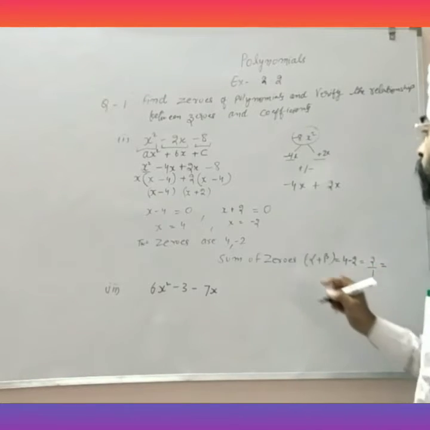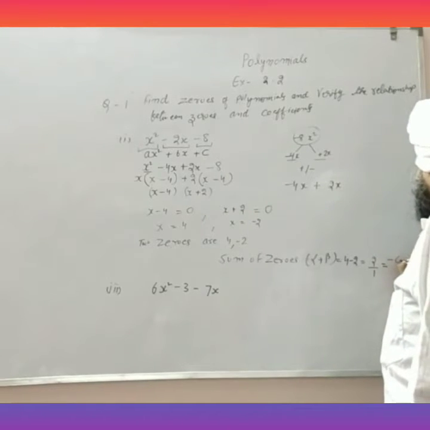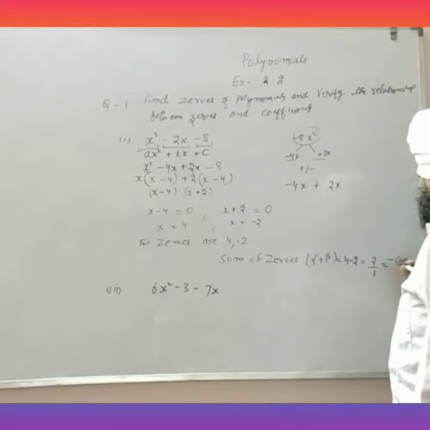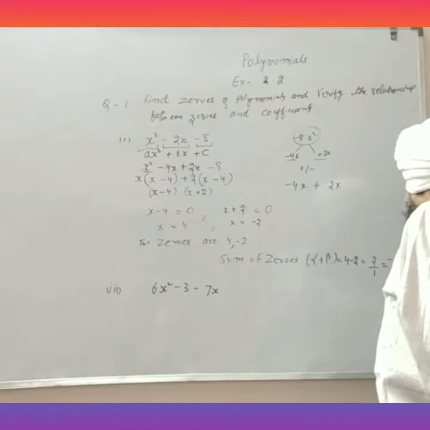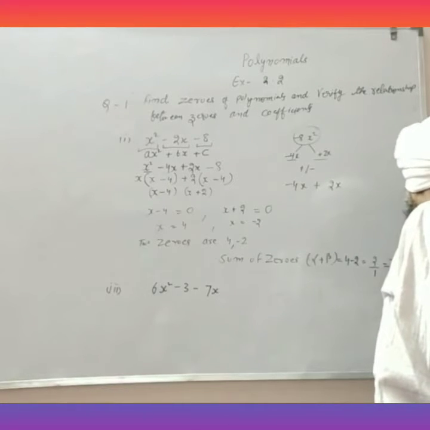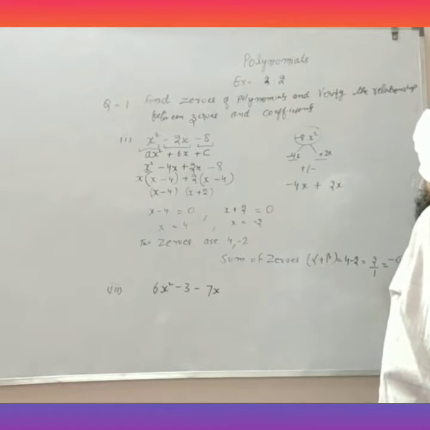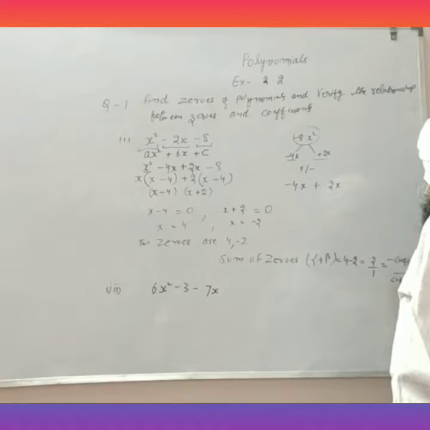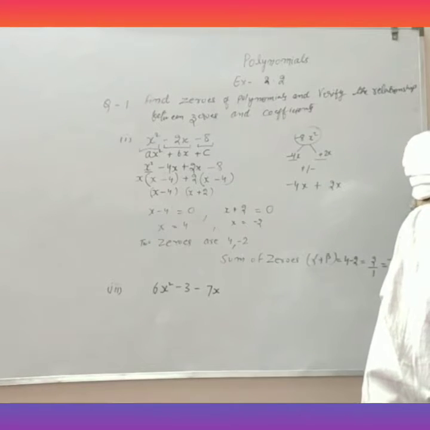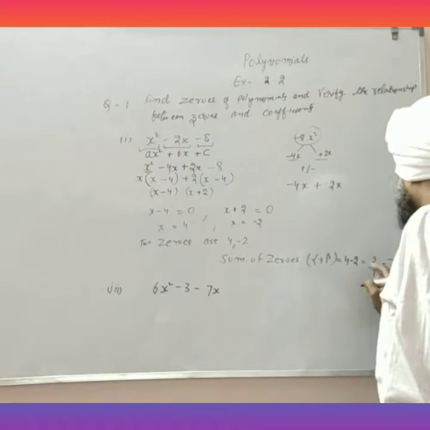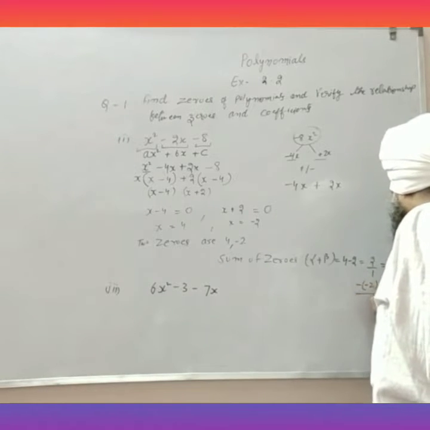It can be written as minus coefficient of x upon coefficient of x square, because 2 can be written as minus of minus 2 upon 1.